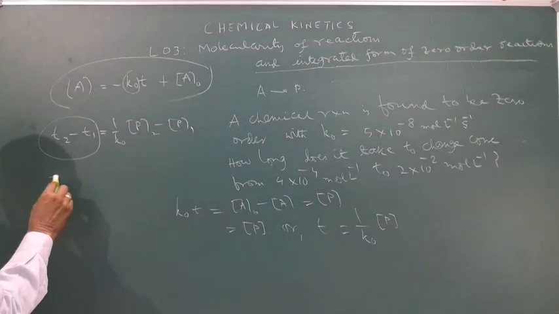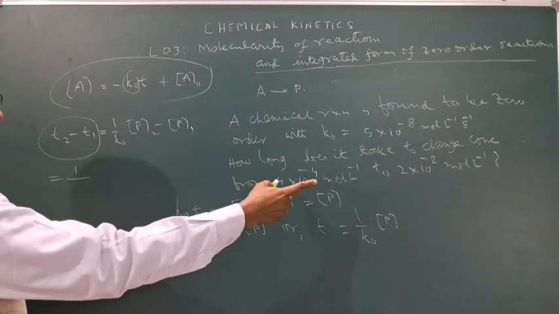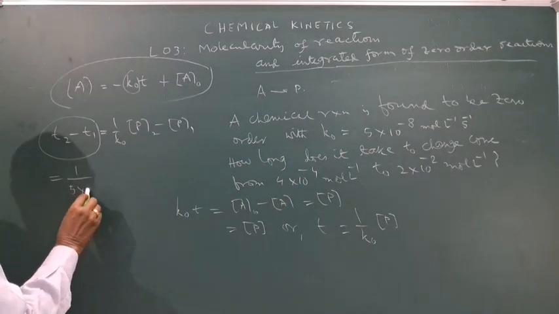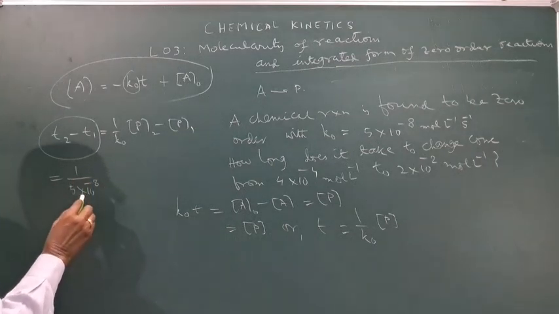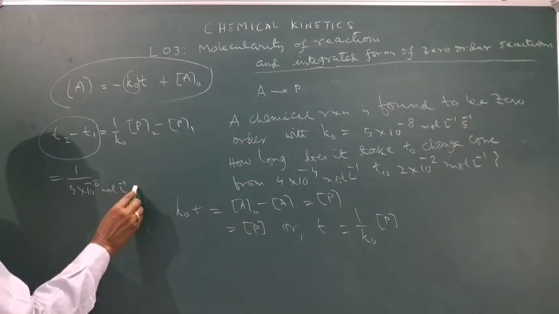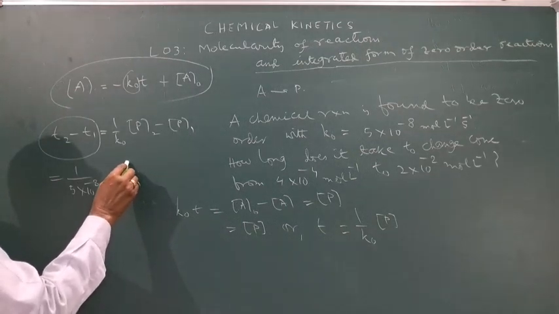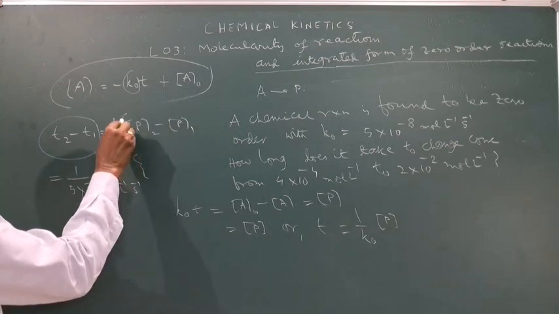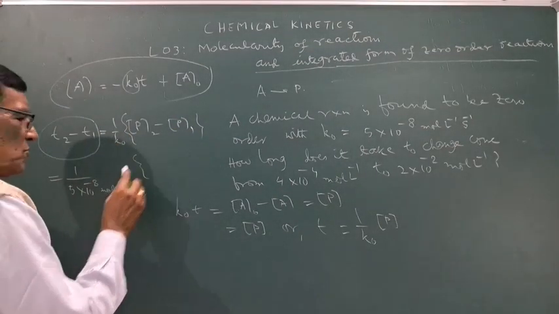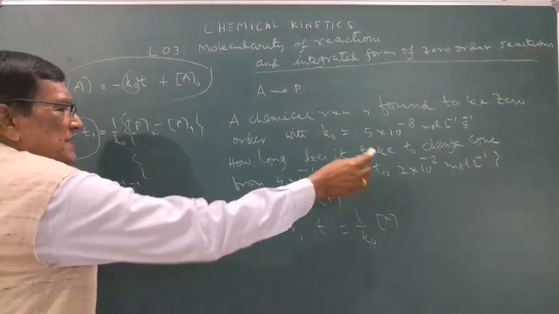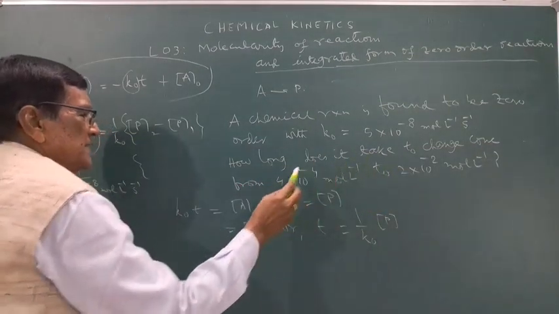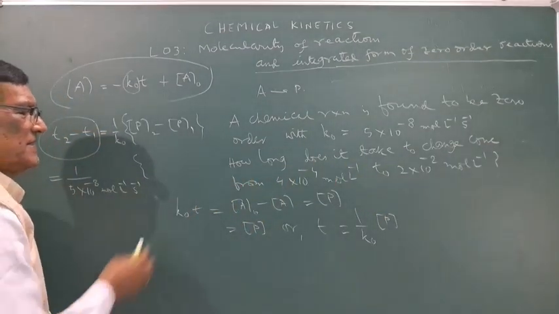So this is equal to 1 by K naught. K naught is 5 into 10 to the power minus 8 mole liter inverse second inverse, and here P2 equal to, from this to this, means this is the P2 and this is the P1. This is the initial product.